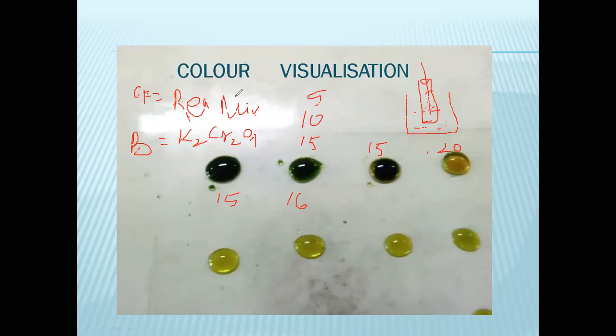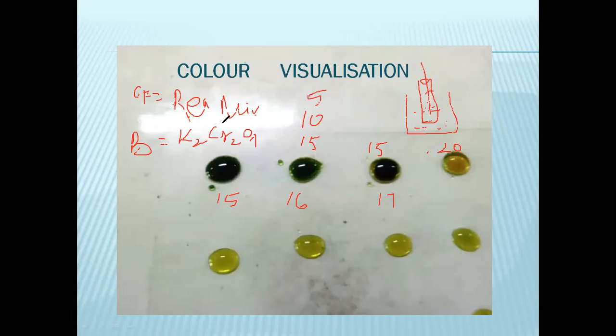So again, you add 1 ml of K2Cr2O7 to the reaction mixture, thoroughly mix it, take out a drop of reaction mixture with a dry glass rod and put it on the indicator. That is 17 ml. Still you will get the blue color, that indicates ferrous is present, right?